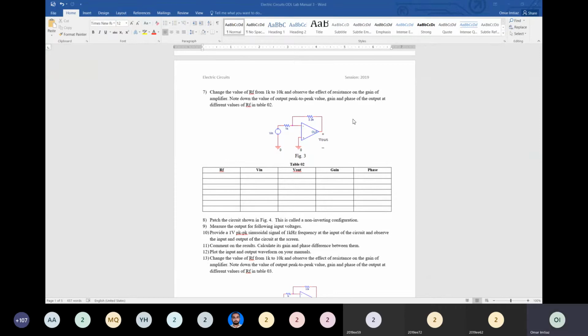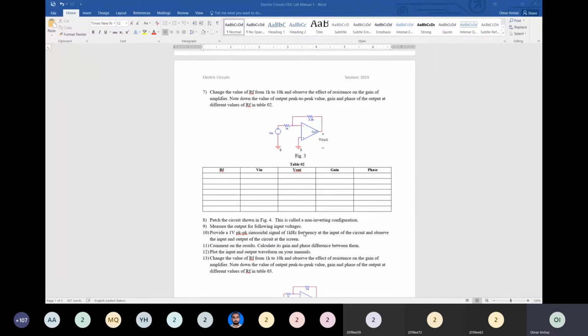So V output over V input is equal to R2 over R1 plus R2, which is 0.5. So the gain is 0.5 for a voltage divider. For any passive circuit, you can find the gain by dividing the output voltage by the input voltage, or the output current by the input current. That's how you find gain for passive devices.